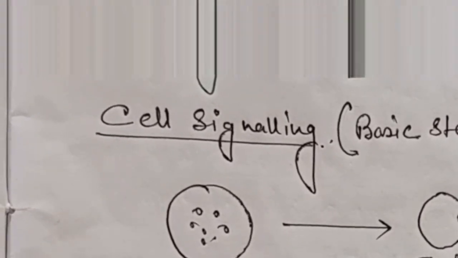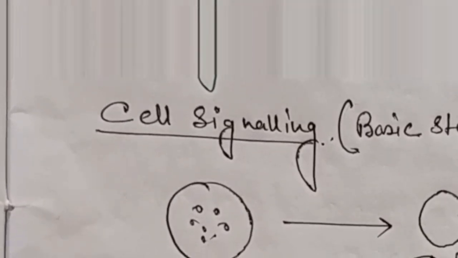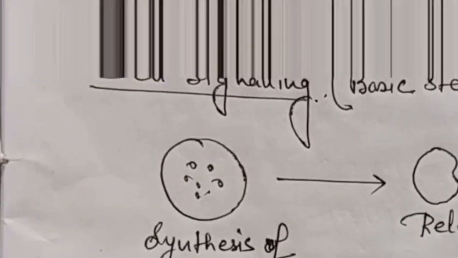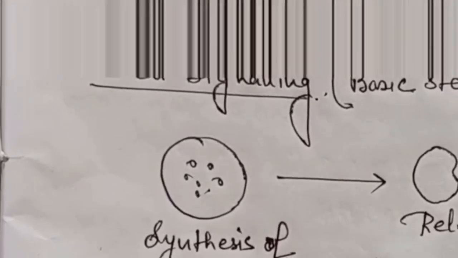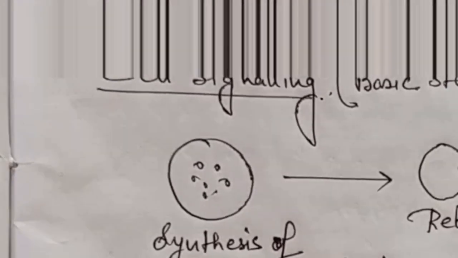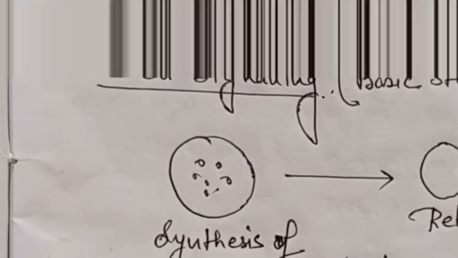This detection leads to the binding of the signaling molecule to the receptor, and after binding they form the receptor signal complex, which can lead to a conformational change, and thus the response is generated against those signaling molecular stimuli.